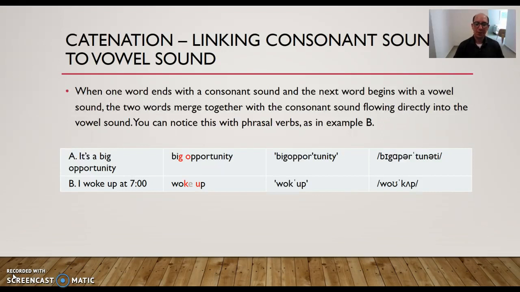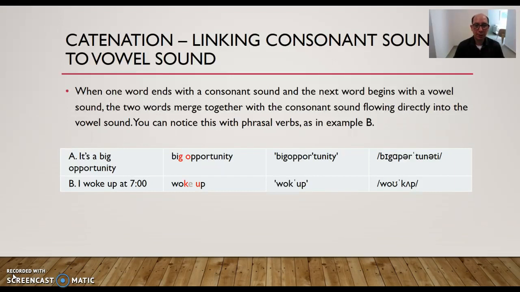But first, let's take a look at example A. On the left of your screen it says, "It's a big opportunity." Anybody who's learning can read, "It is a big opportunity." But if we take the last two words, big and opportunity, and go to the chart on the right, we have the G and the O in red.